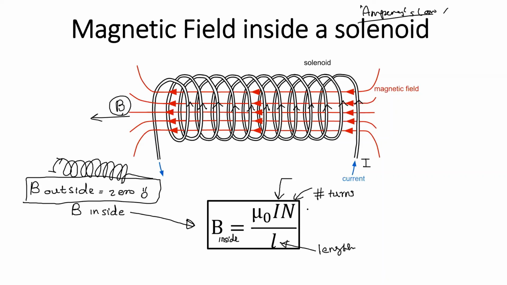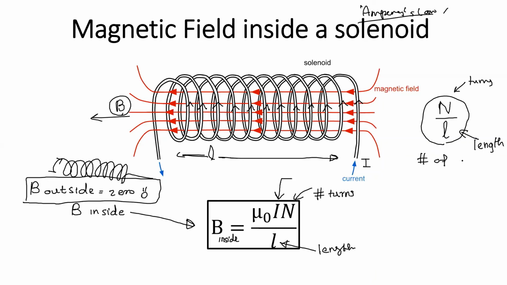What do I mean by the length? Not the actual length if you were to stretch the spring, but this length. So this N over L quantity, turns over length, really gives you the number of turns per unit length.